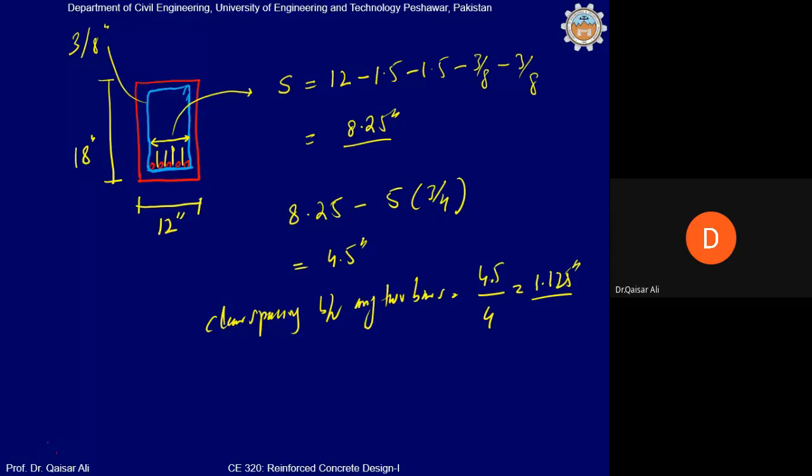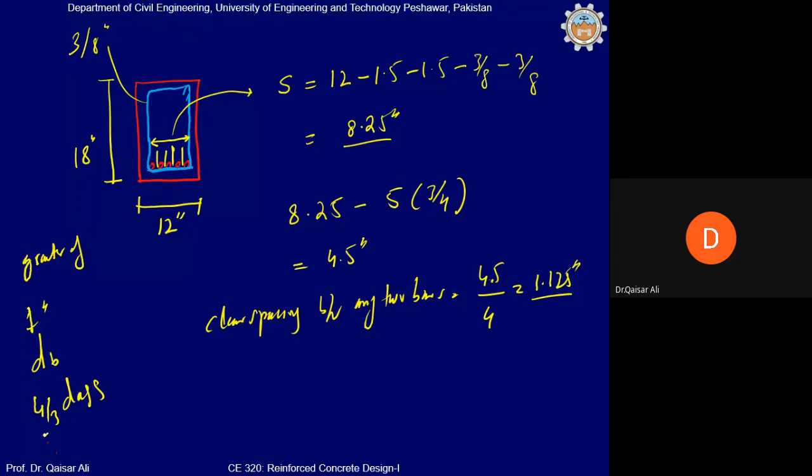Now, this spacing is allowed by the code. If you remember, I told you in the last class that the clear spacing between two bars as per code shall be the greater of 1 inch, the diameter of the longitudinal bar used in the beam, and 4/3 of the maximum size of aggregate.